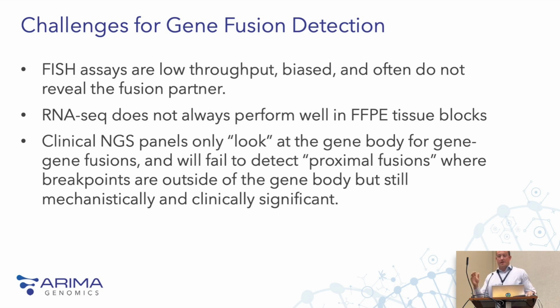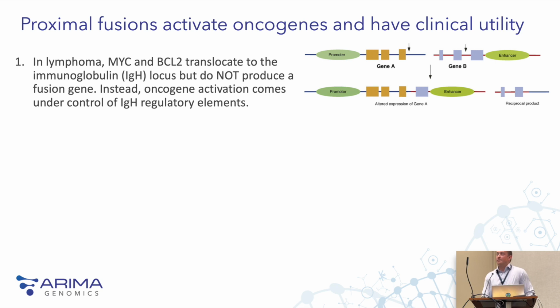And so if there is a breakpoint that is beyond the gene body, something that I will refer to as a proximal fusion, they will be missed because they're not being targeted. Right? But these are still mechanistically and clinically significant. I think the poster child for the significance of these is in lymphoma, right, where MYC, BCL2, and others translocate to the IGH locus.